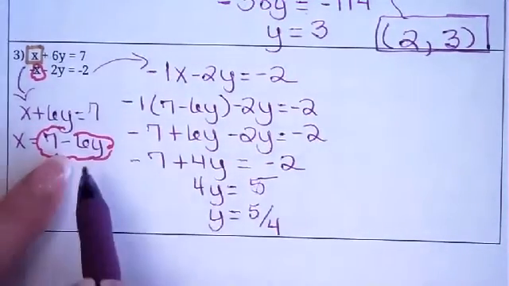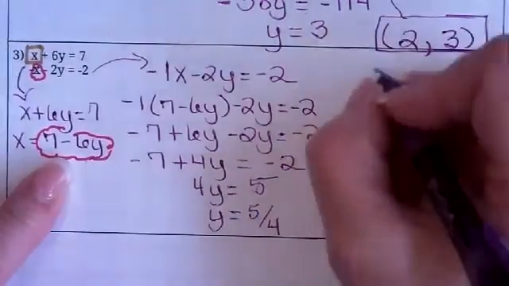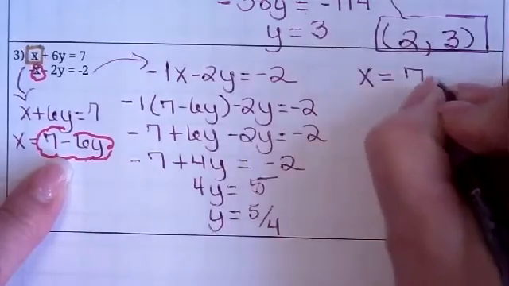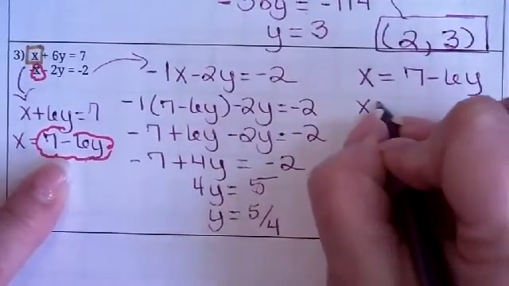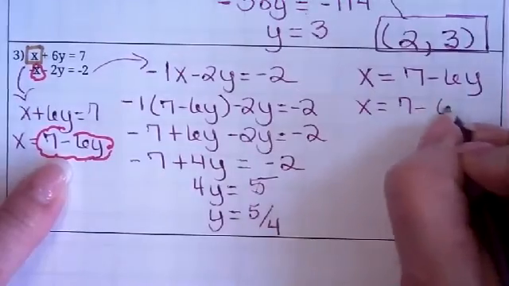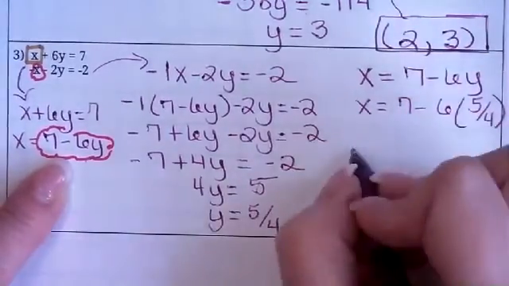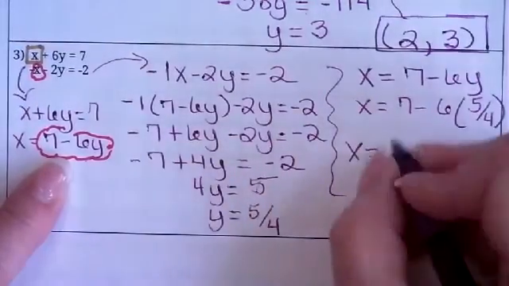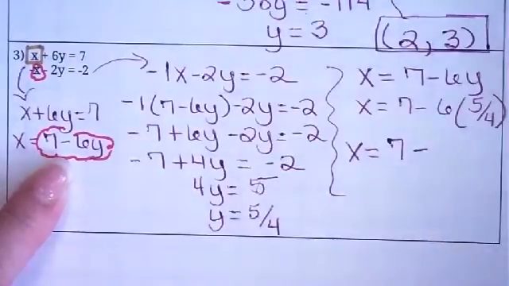So what I'm going to do is come back right here, and I'm going to grab my x equation, which is x equals 7 minus 6y. That means I'm going to have x equal to 7 minus 6 times 5/4. x equals 7 minus, all right, now look right here.